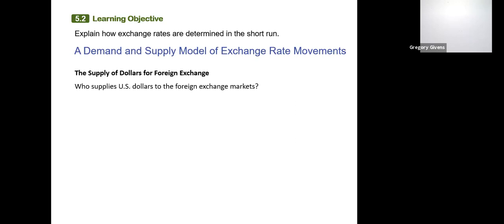The natural choice for the US, of course, is to simply make the United States the home country in our examples, and that's what we'll do, okay? And that means that the exchange rate, as we've defined it, in units of foreign currency per US dollar will be the price of foreign exchange in this market.